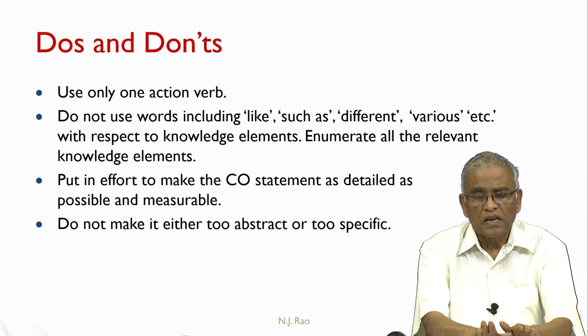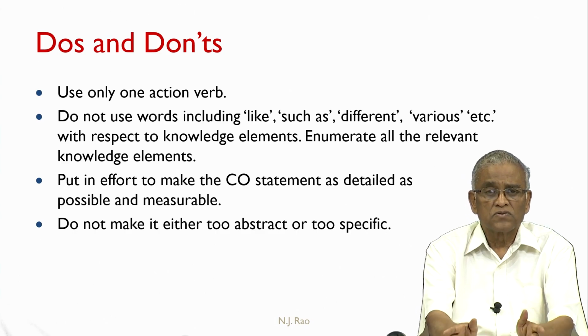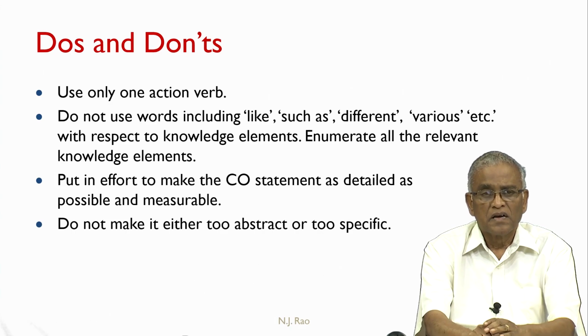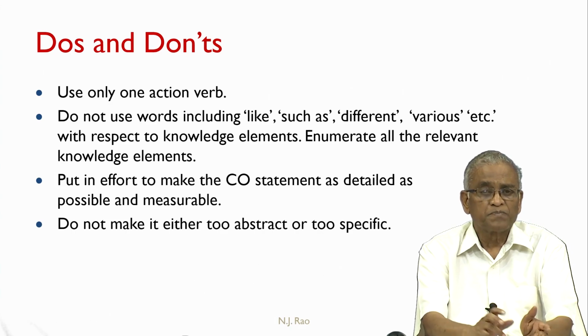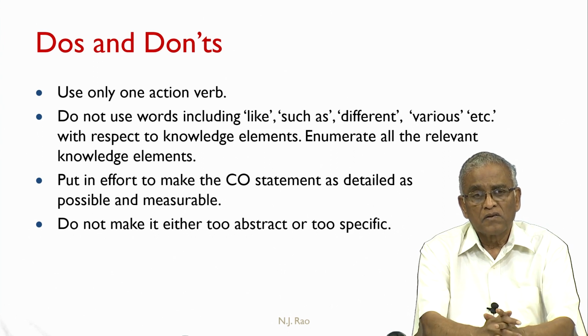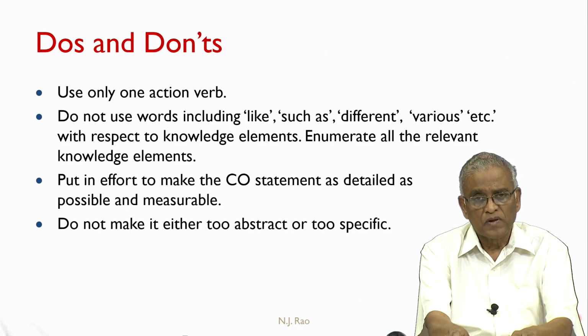Enumerate all the relevant knowledge elements. This, as teachers, we are quite used to. We use the words various, such as, etc., aspects of a course and so on. And when you say such as, that means the list is not complete.